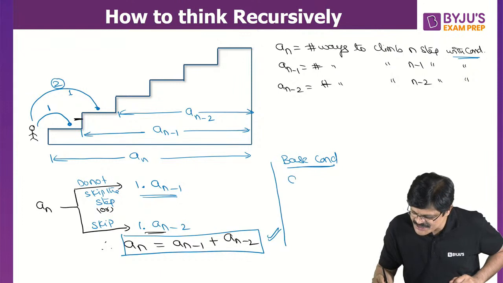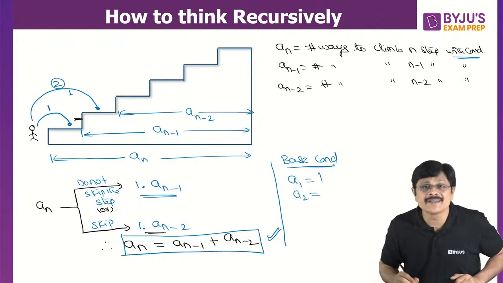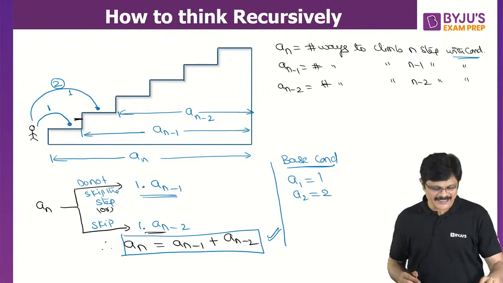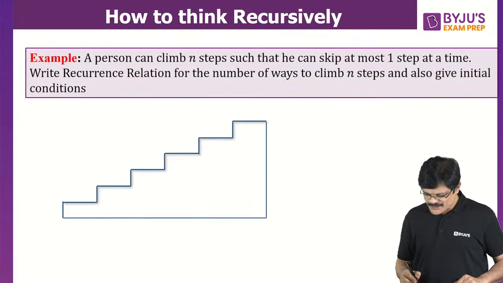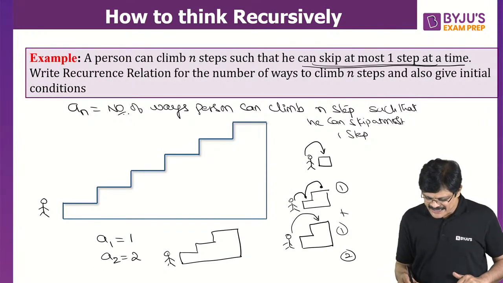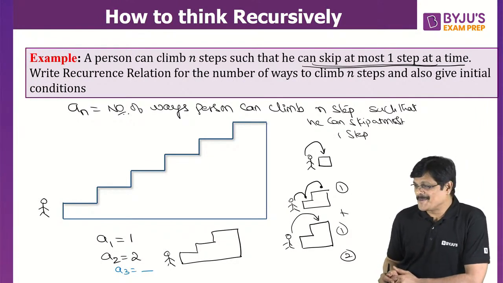So what is the base condition, sir? We already saw one step, one way; two steps, two ways. And I asked this question: three steps, in how many ways can you climb? Now we can get the answer quickly from the recurrence relation.